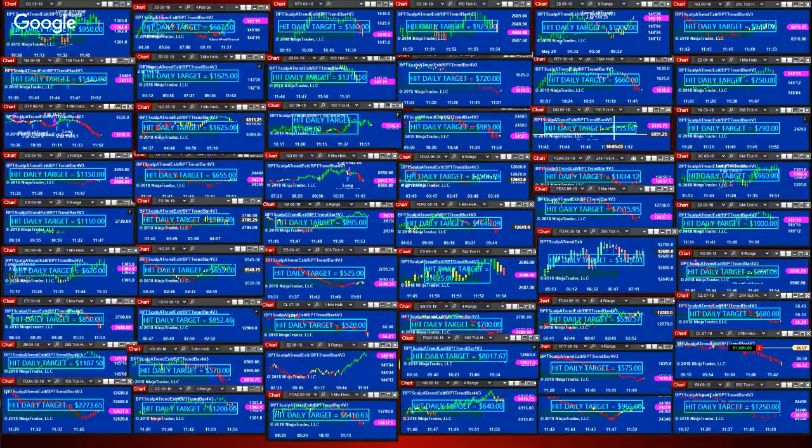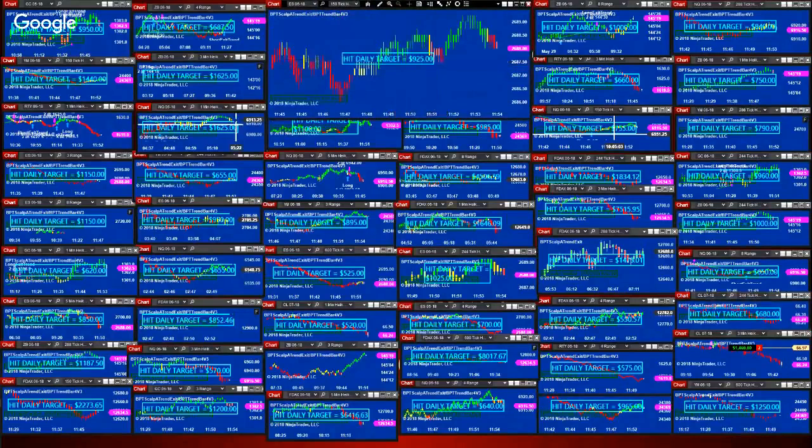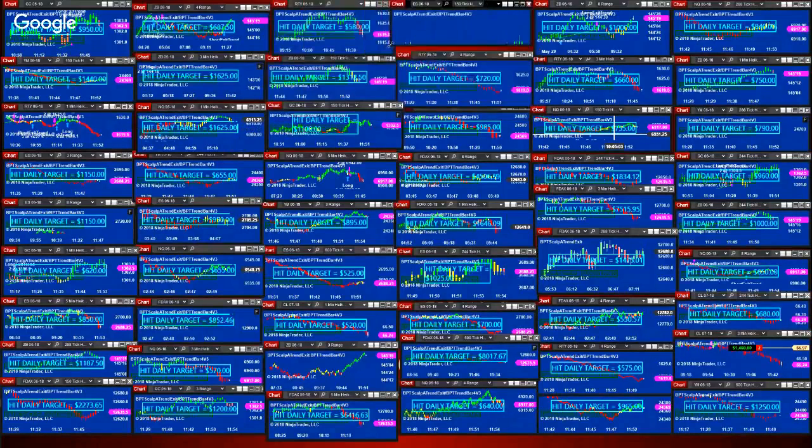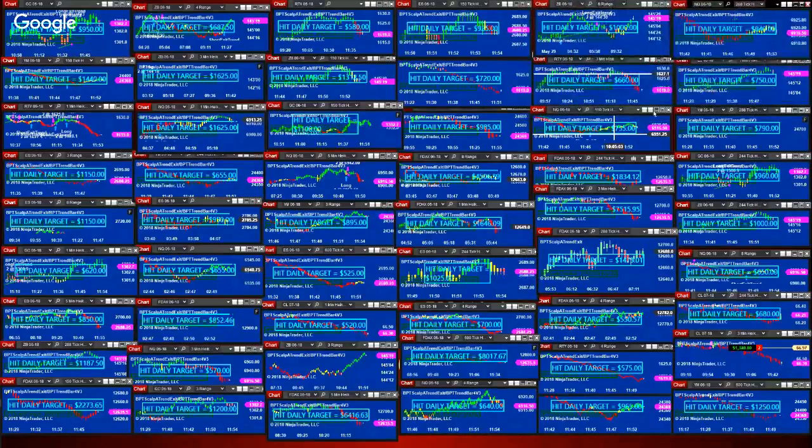Some of them made 7,000, some of them made 1,000, some of them made 500. Let me try to find ES as an example. This is based on 150 ticks, made 925. NASDAQ 840, all of them the same story, $500 target.